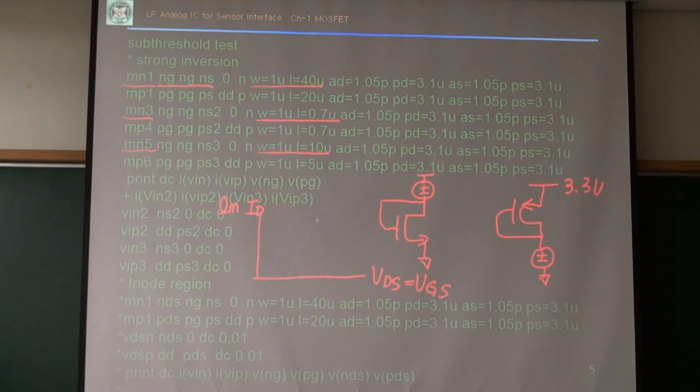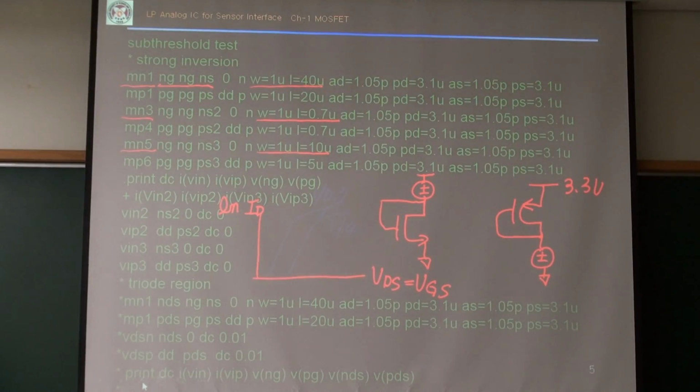This is some current. Let's say 1 by 0.7 looks like that. This 1 by 40 will be very slow. Then this 100 nanoamp, where is my 100 nanoamp? Yeah, something like that.